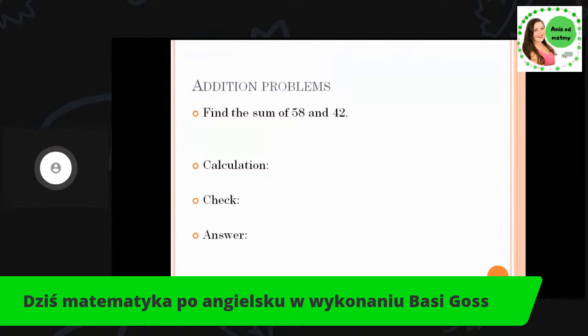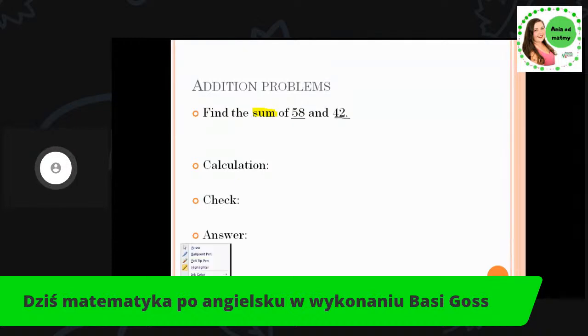Let's find the numbers in the question. Numbers are 58, 42. And the word that is telling us that we need to use addition is the word sum.